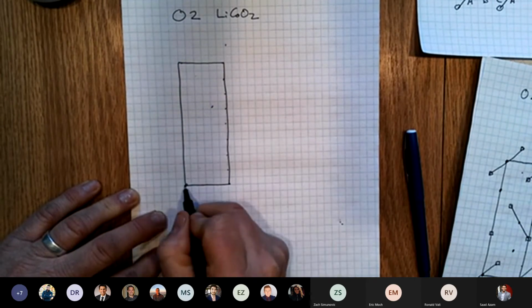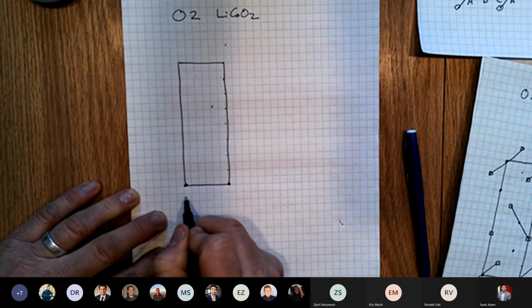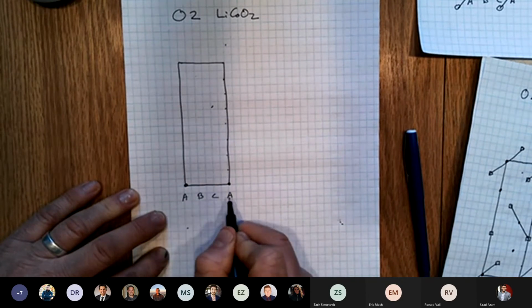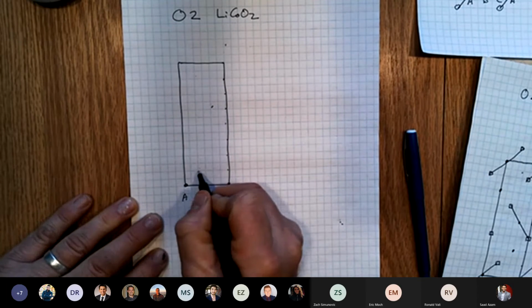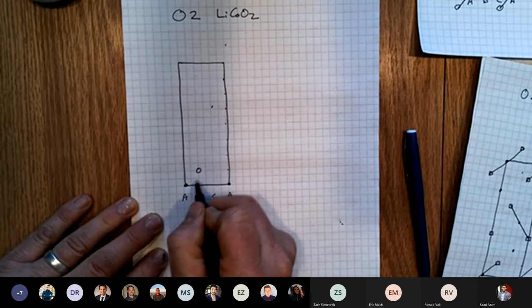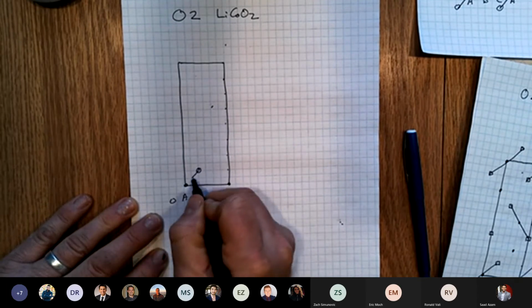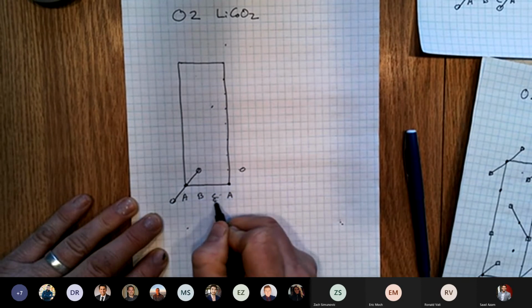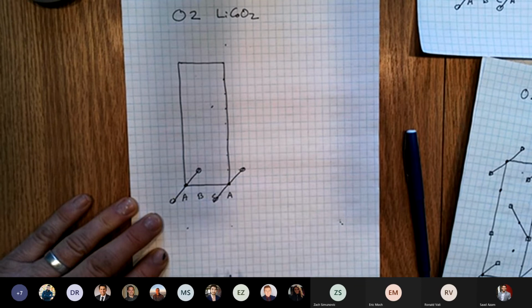Okay, so we start with cobalt on the A site. And we have oxygen on B. We have oxygen on C.